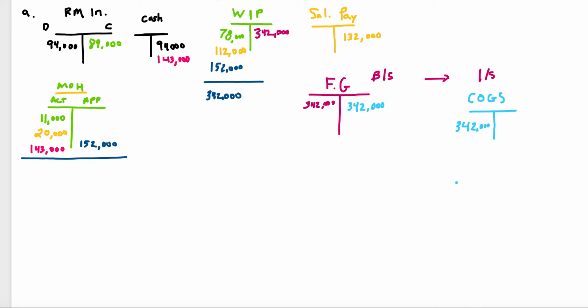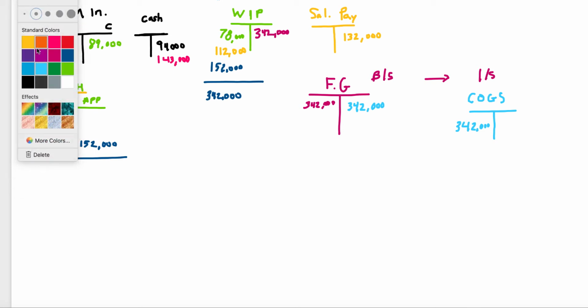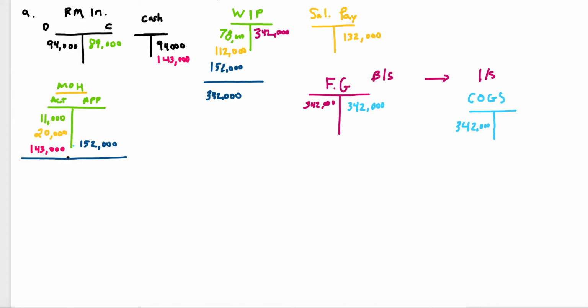Now H: any underapplied or overapplied overhead for the period was closed to cost of goods sold. Okay, so I've got to figure out if I underapplied or overapplied. I'm going to go back to black. Okay. All right. So in order to figure out whether I underapplied or overapplied, I need to go to the manufacturing overhead account.